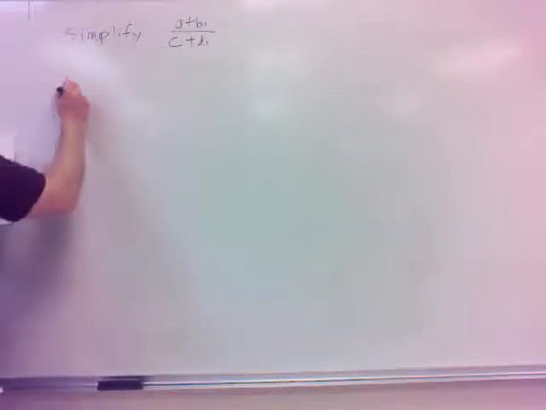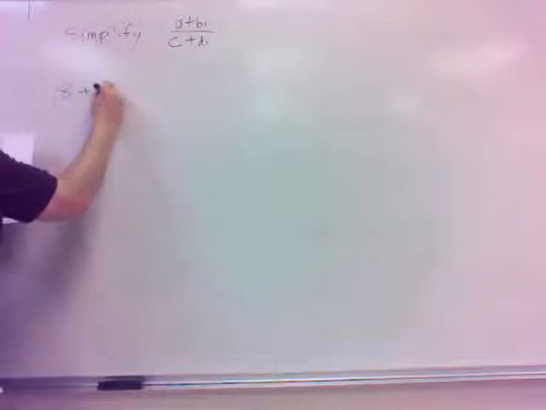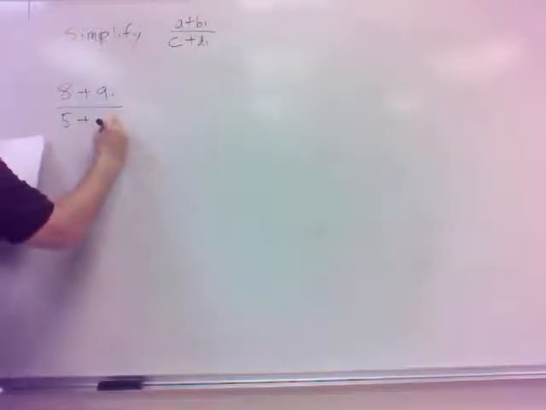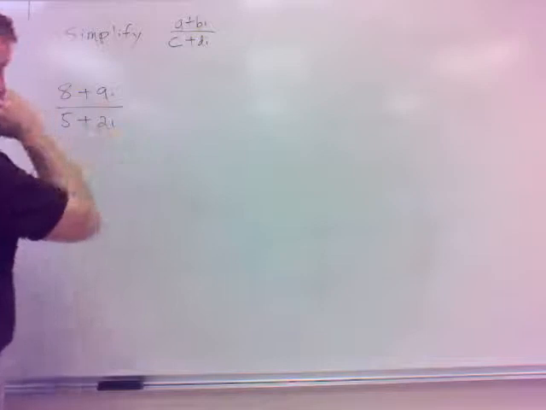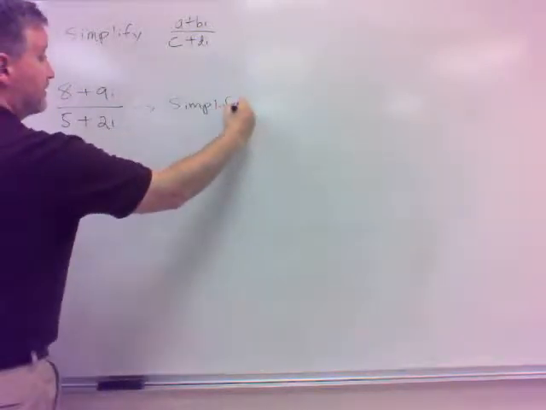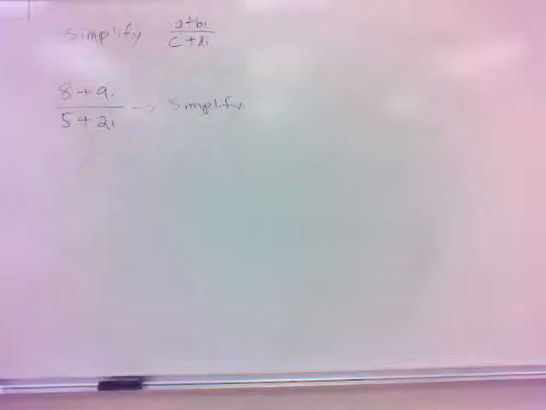Yes, we're going to use the conjugate here. For example, 8 plus 9i over 5 plus 2i. Like I said, I want to simplify this, and it's not technically dividing it, but here's how we simplify it.